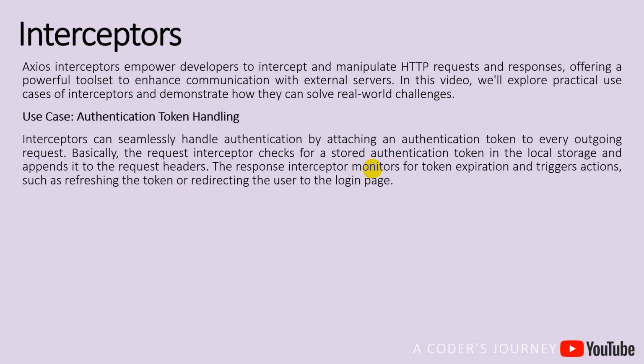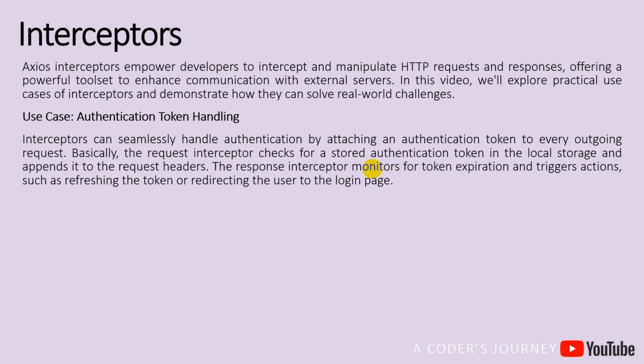First, authentication token handling. One of the main use cases of interceptors is that they can seamlessly handle authentication. How? By attaching an authentication token to every outgoing request. So when you want to make a request to a backend API, these interceptors can attach an authentication token to your request, and this can help you to authenticate a request with your backend API.